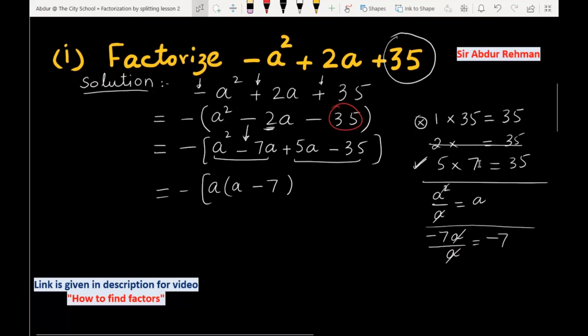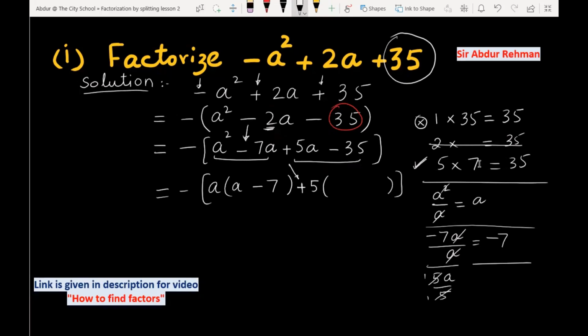So now in the second group, copy this positive sign first, and find the common of 5a minus 35. The common is 5 because 5 and 35 are divisible by 5 here. It is positive 5 here. Now I'm going to write 5a divided by 5. 5 and 5 cancel.